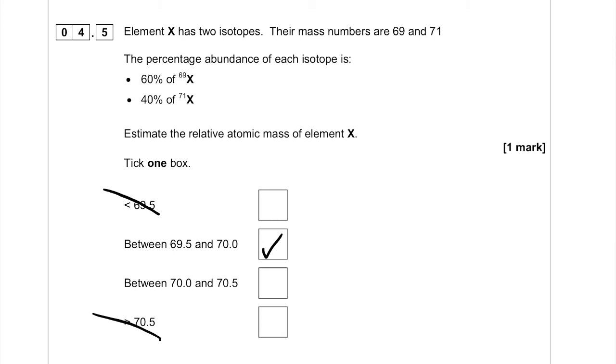If you want to actually do the math, it's 0.6 times 69 plus 0.4 times 71, and that would give us 69.8, which is between 69.5 and 70.0.